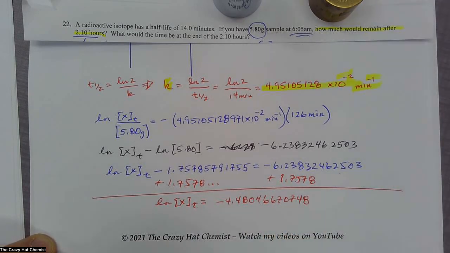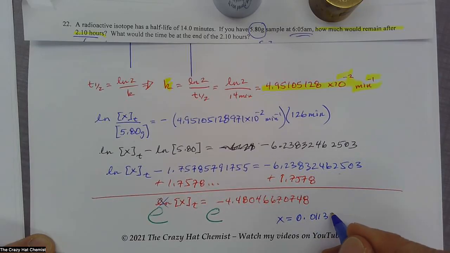Now what we're going to do is take e to both sides, and that would get rid of my natural log, and then I'm just going to have x is equal to 0.013, wait, sorry, 113.28125, and so this is going to round to three significant figures, 1, 2, and 3.